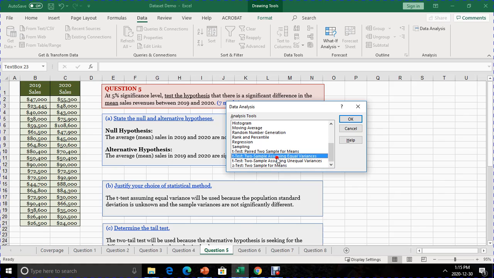Now, as we decided that we have to use equal variances because in our previous question we came to the conclusion that the variances between the two data sets are essentially equal, in that regard, we have to use the two-sample assuming equal variances for the t-test.